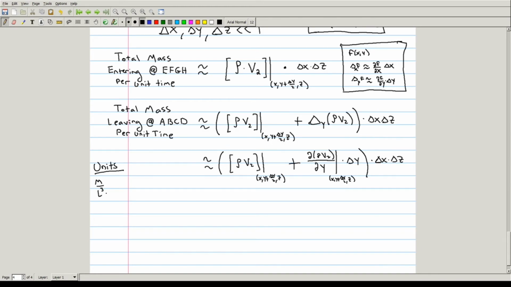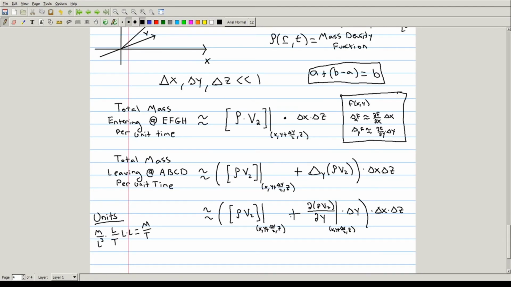The velocity v2 has units of length per time. And then here delta x, delta z, each one of these has units of length. So the ultimate units of each one of these quantities is mass per unit time, which is a nice little check to make sure that we're going in the correct direction here.